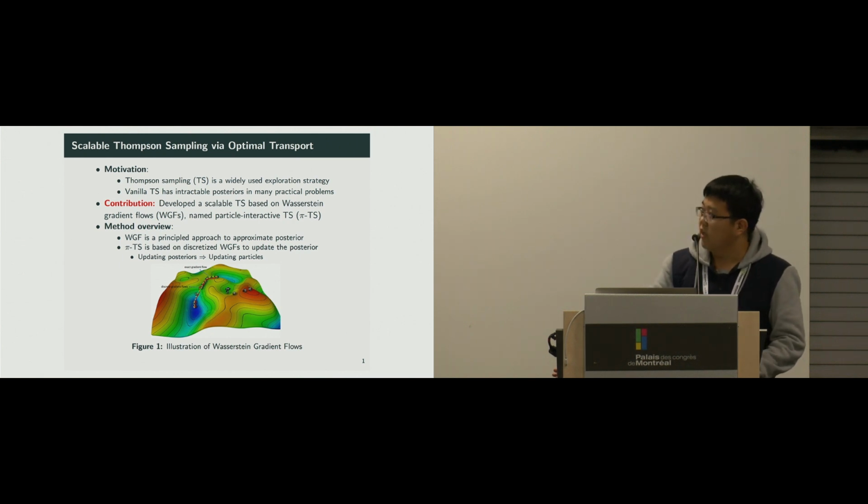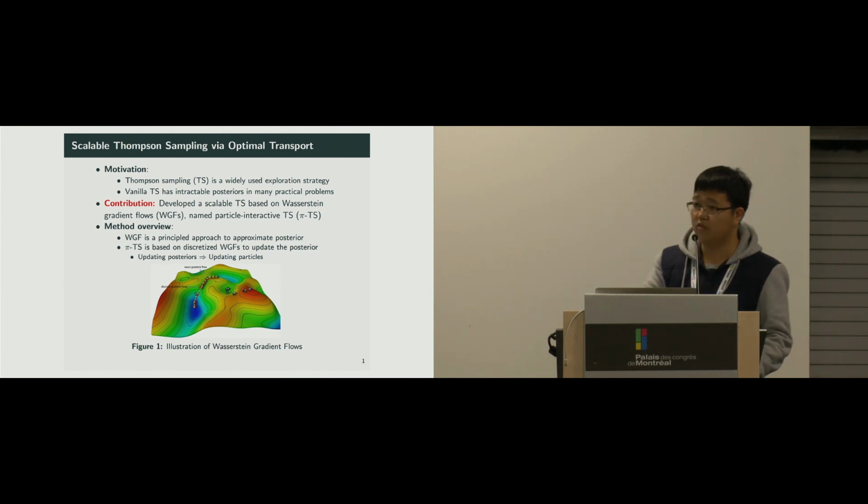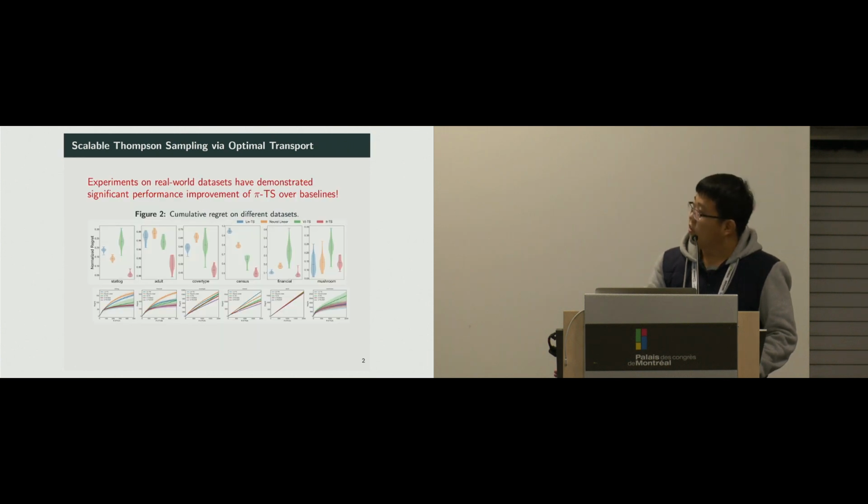The black balls are the elements of the probability measure space, and they also represent the posterior distribution. And the evolution of the posterior distribution constitutes the gradient flow. And our real-world experiments show significant performance improvement over the baselines.